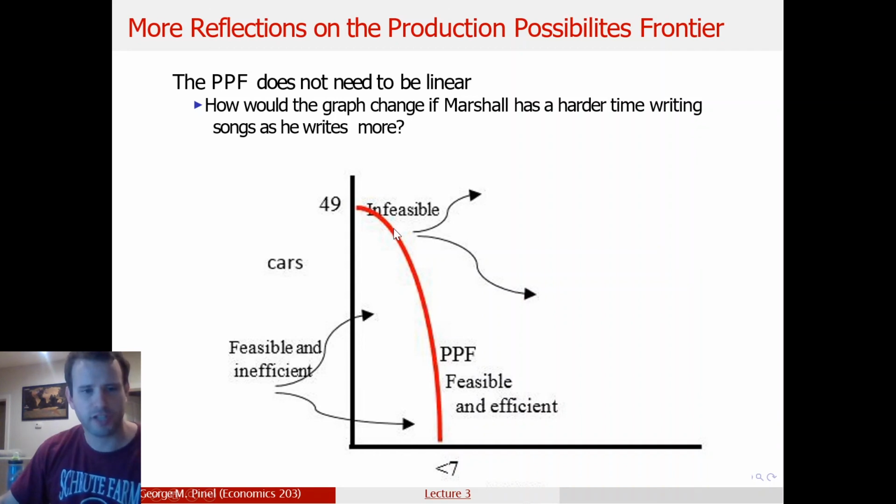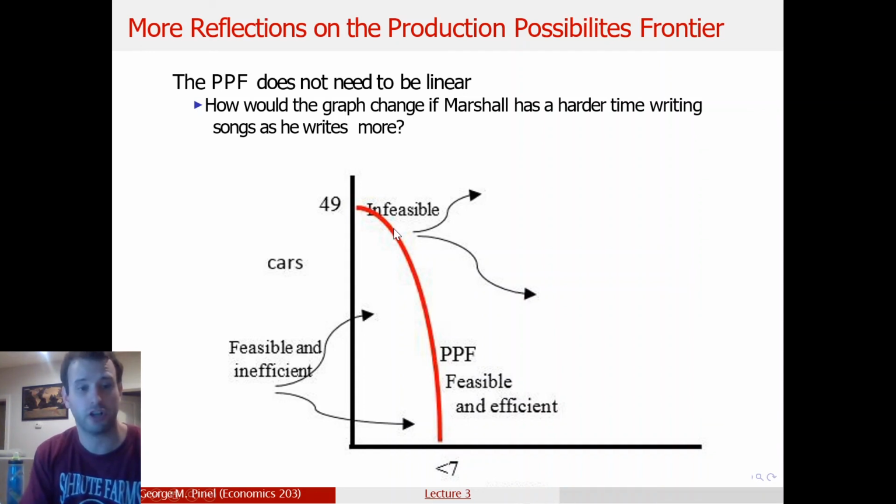So if you're taking 1.25 days to write the second song, that is 7 cars for the first day, and then 7 times a quarter cars for the second day, right? So you're slightly over 7 cars. It's whatever 7 times 1.25 is going to be the trade-off between cars and songs. So 1 song on the second day is going to take you 7 times 1.25 cars.